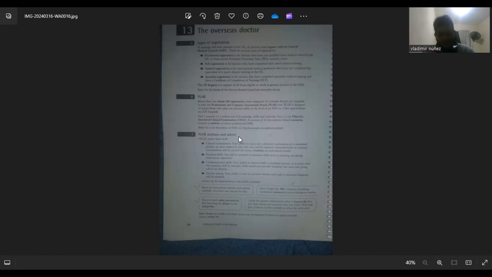PLAB stations and advice. OSCEs assess the following skills. Clinical examination: your ability to carry out a physical examination of simulated patients, and actors trained to play this role will be assessed.